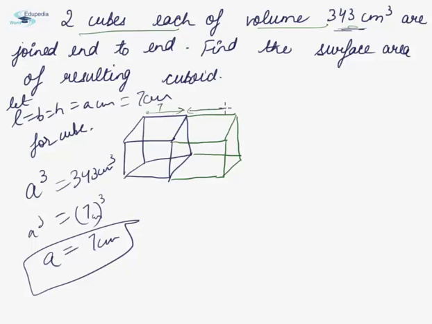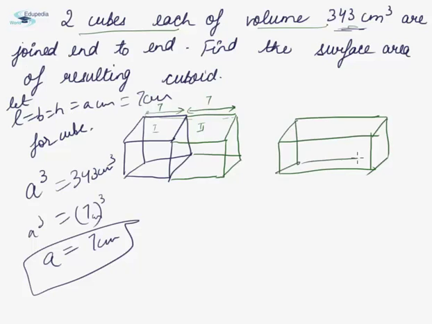Since the second cube is identical to the first, this length will also be 7. So we can say the total length of the resulting figure is 14, whereas the height is still the same, that is 7. And this breadth is again the same, 7 centimeters, in the resulting cuboid.